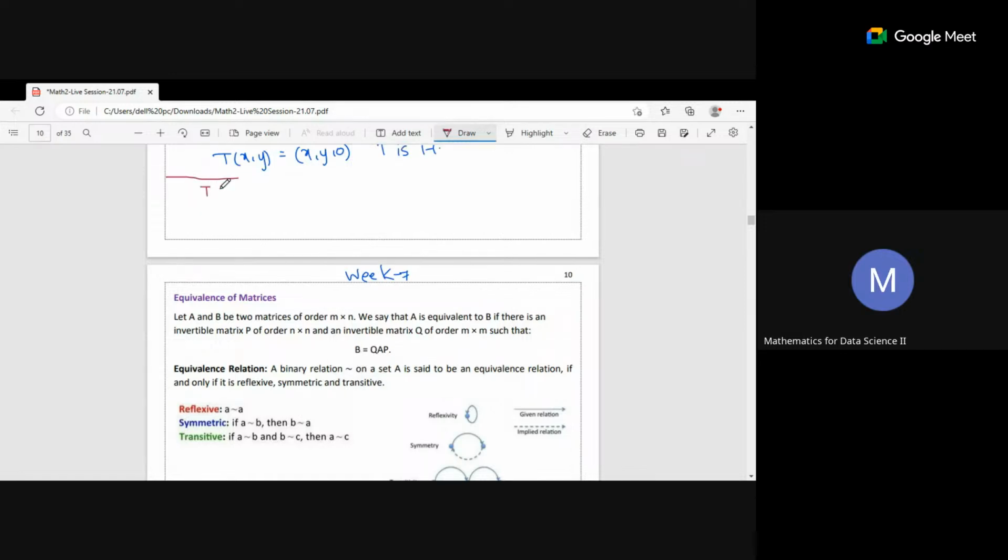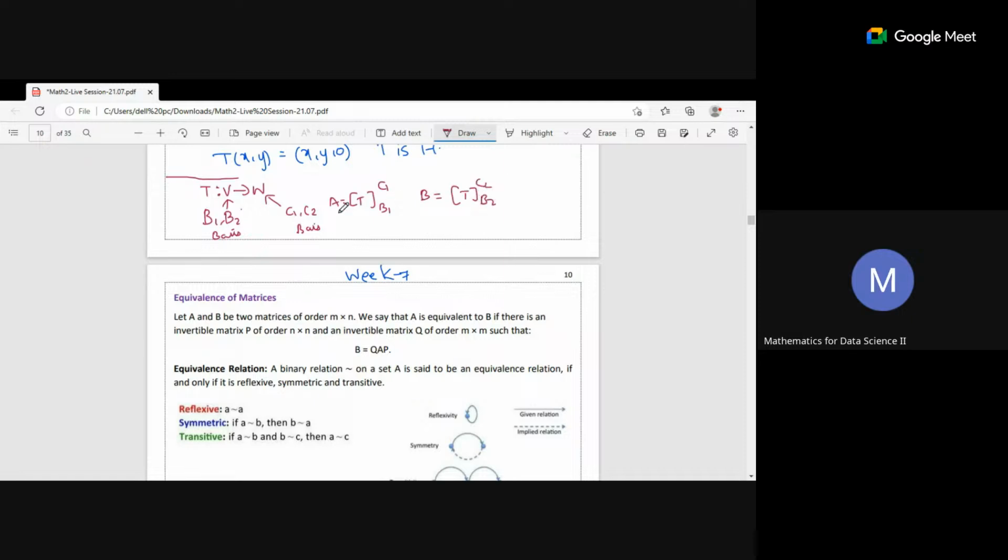You saw that if T is any linear transformation from V to W, and you are taking different bases, let us say B1, B2 for V, and some other bases C1, C2 for W. Suppose matrix A is T with respect to B1, C1, and matrix B is T with respect to B2, C2.